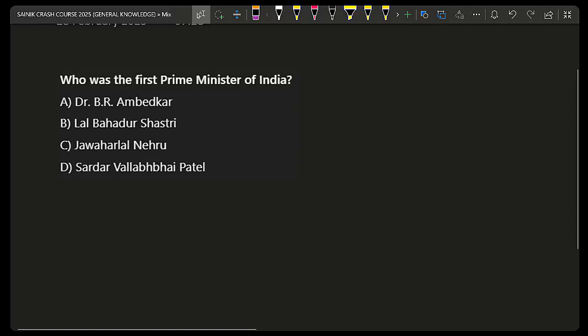Option A, Dr. B.R. Ambedkar. Option B, Lal Bahadur Shastri. Option C, Jawaharlal Nehru. And option D, Sardar Vallabhbhai Patel. Ten seconds left.